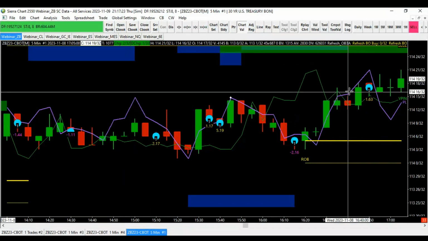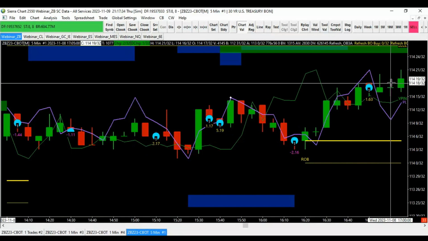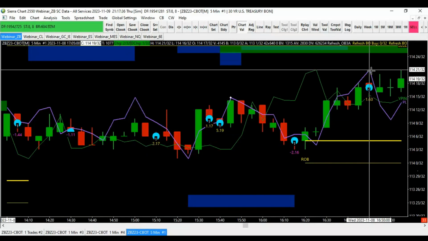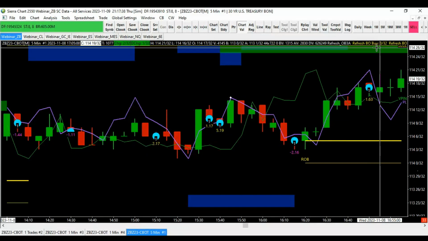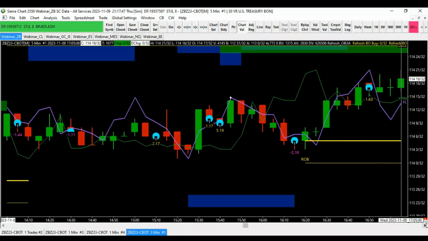The V-pin has also come down, is running flat at the moment, so you could at least reduce your size of the trade at that point. You may want to leave a runner. It does actually go a bit higher, but you can see there is another macro level measured move just above here, so it wouldn't go too much further anyway.